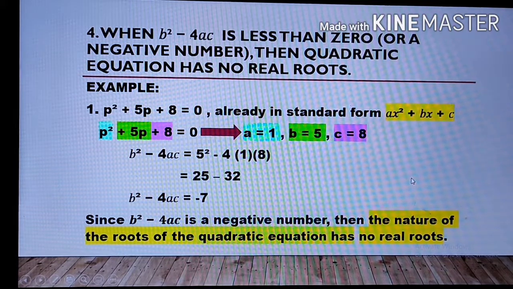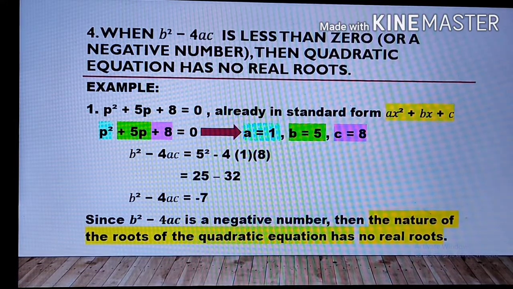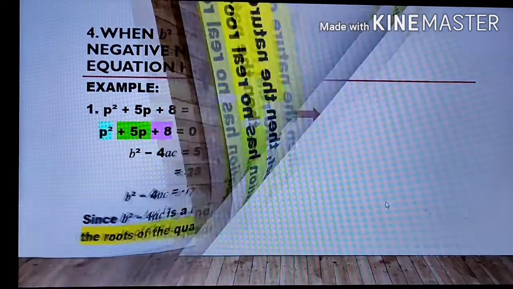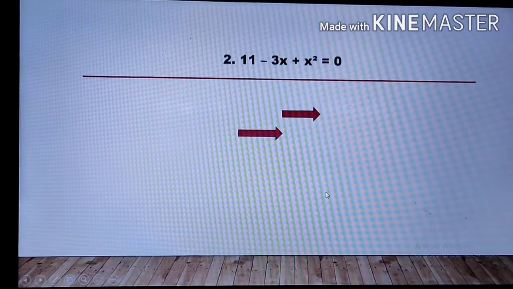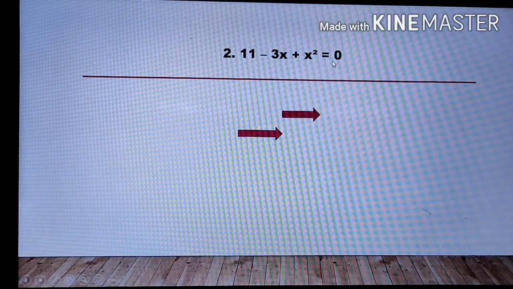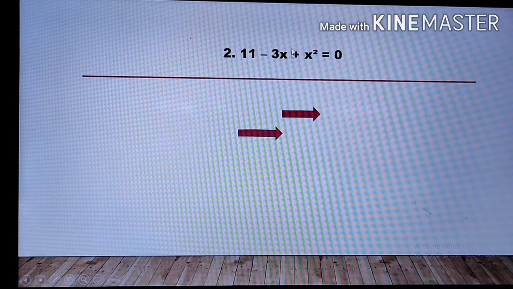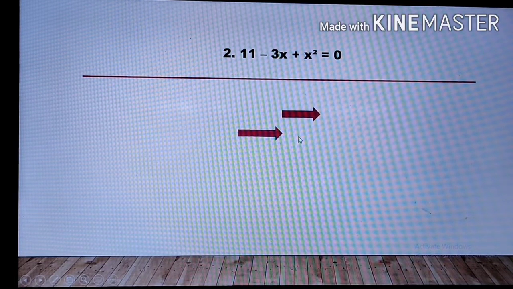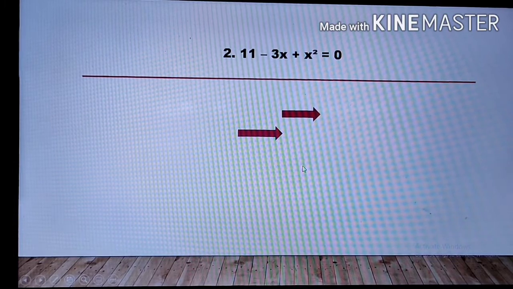Then, example number 2. 11 minus 3x plus x squared is equal to 0. So, kailangan pa natin siyang i-arrange. No need na ma-change yung sign niya, i-arrange lang natin yung position niya.